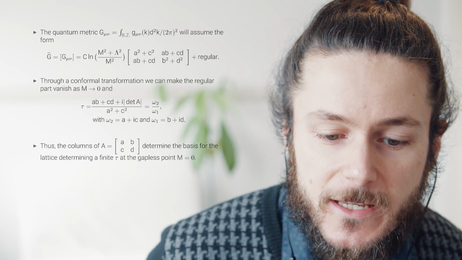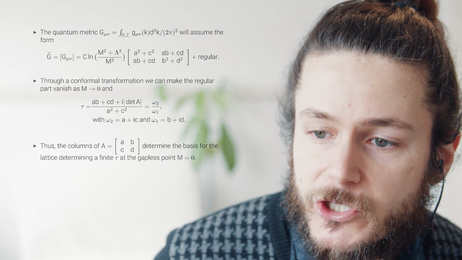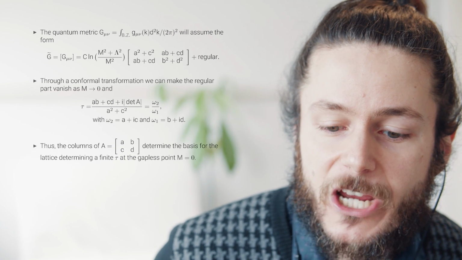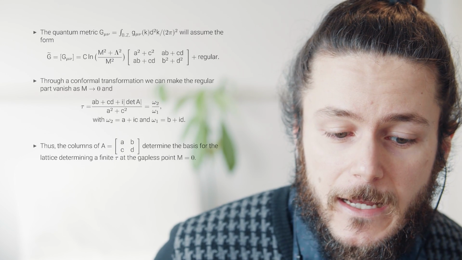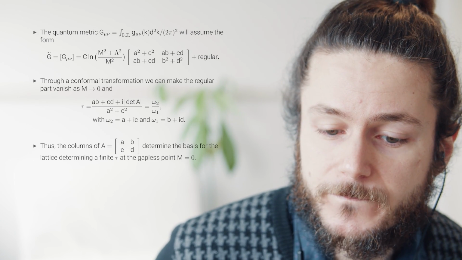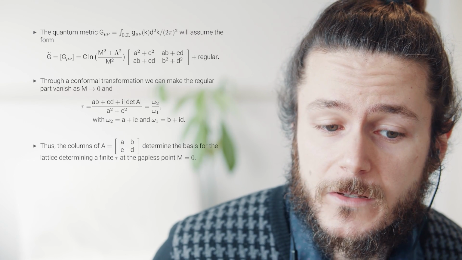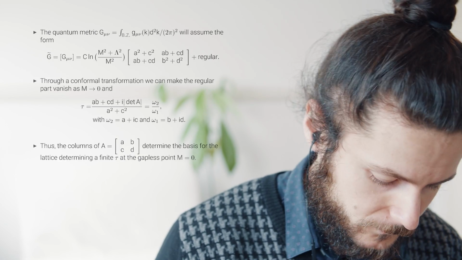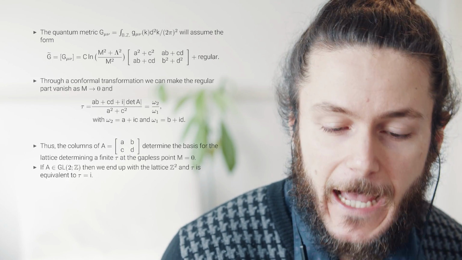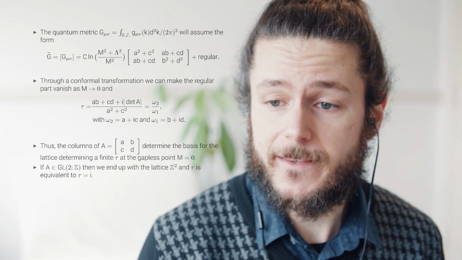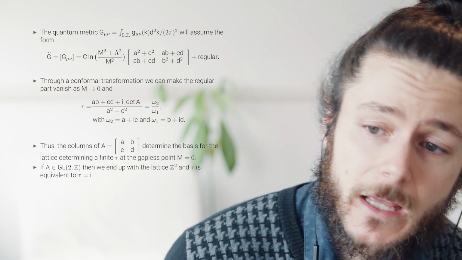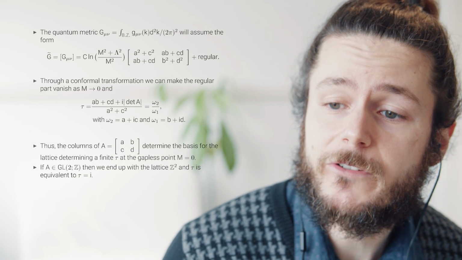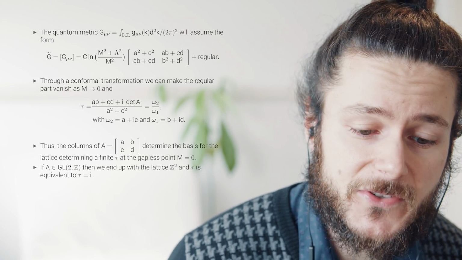So what you see is that the columns of this matrix A, which define the new coordinates, give you two complex numbers, which generate a lattice, which determines tau at the gapless point m equals to 0. So this formula here is only valid for the critical point m equals to 0. If A is in GL2Z, meaning it's integer valued and invertible, then we end up with the lattice Z2. And tau is equivalent to the standard complex structure on the torus, tau equals to i.